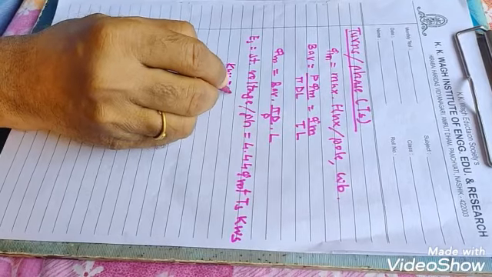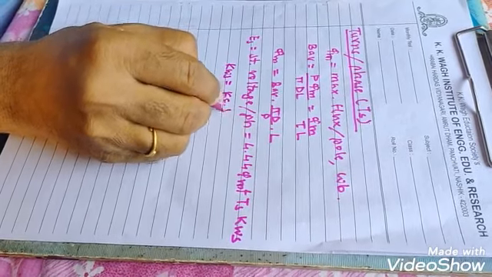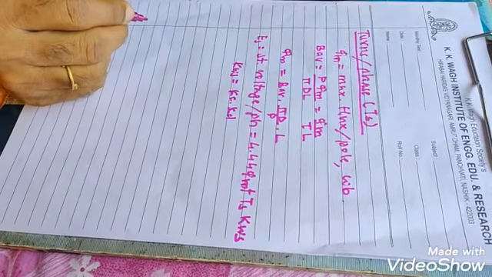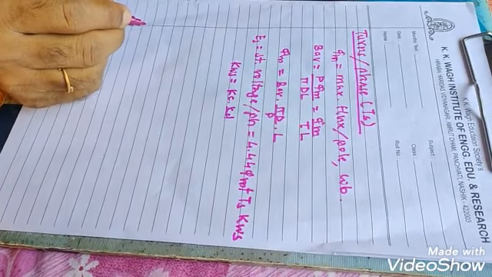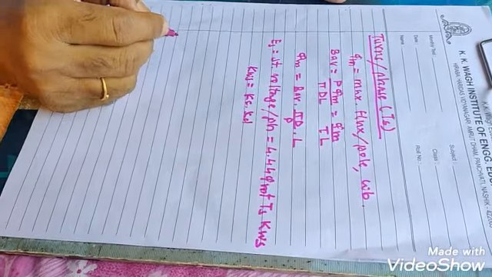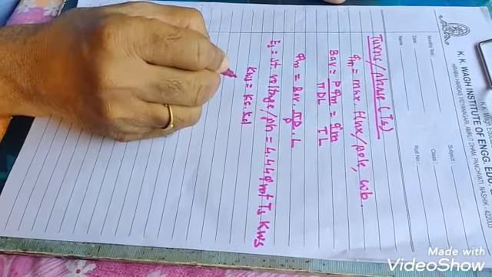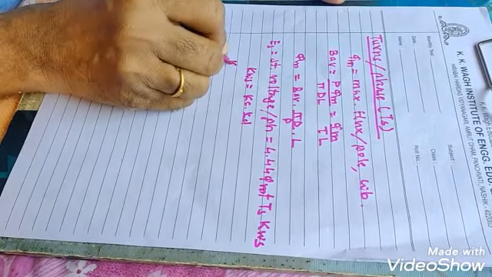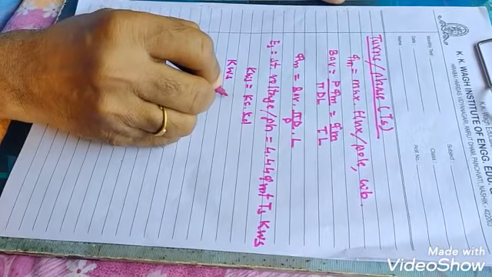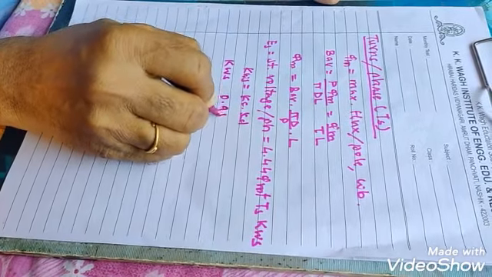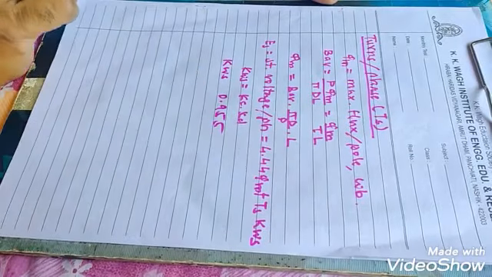Kws is Kc into Kd. Kc is the coil span factor, Kd is the distribution factor. Generally, for design, Kws is assumed 0.955.